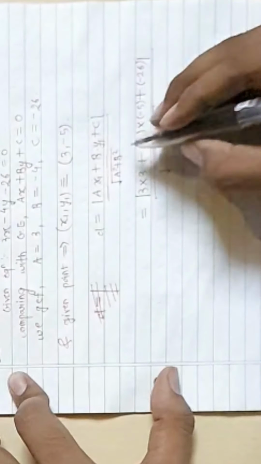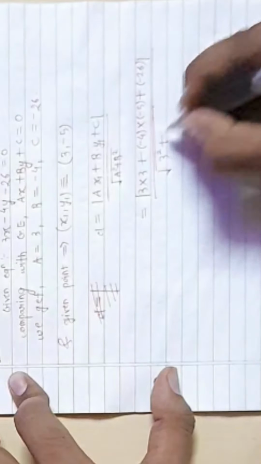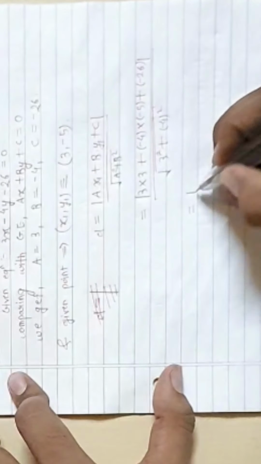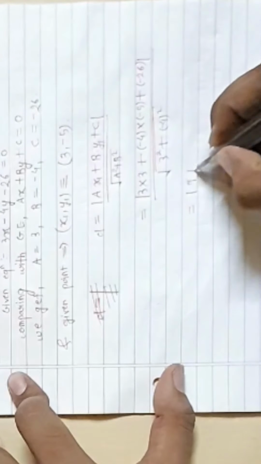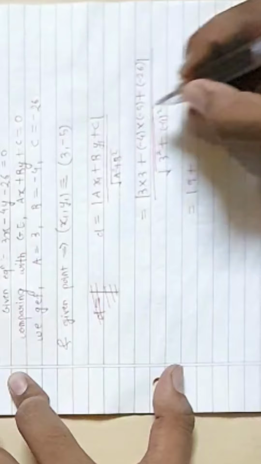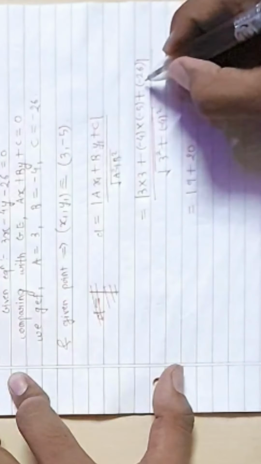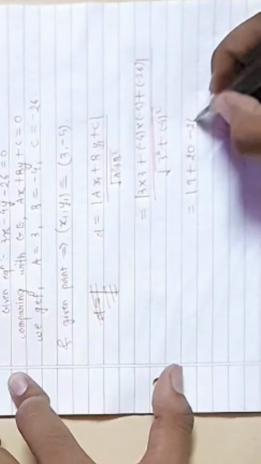Upon under root of what is a? 3 square. What is b? Minus 4, so minus 4 square. In the mod, 3 into 3 is 9, plus minus 4 into minus 5 is 20, plus minus 26 as it is.